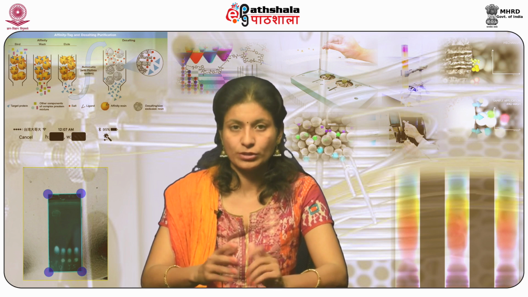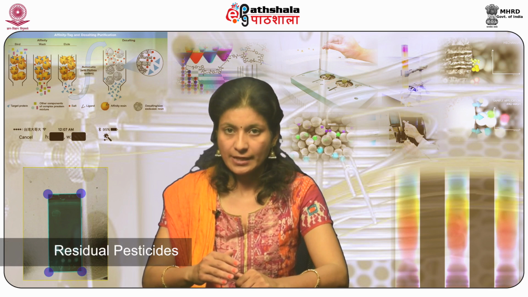A few examples are ambient air and stack emissions monitoring, quantification of pollutants in drinking and wastewater, residual pesticides in agricultural produce, vegetables, fruits, soils, and drinking water, analysis of environmental toxins like dioxins, polynuclear aromatic hydrocarbons, polychlorinated biphenyls, that is PCBs, dibenzofurans, etc.